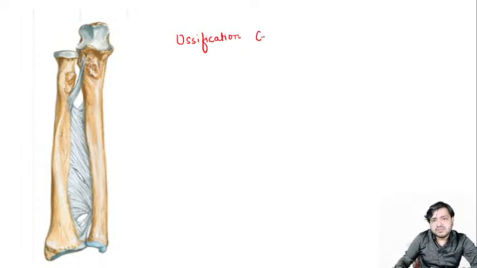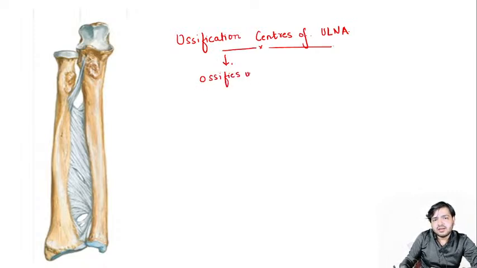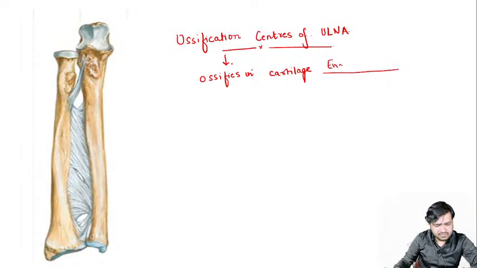So ossification centers of ulna, I hope you all are preparing the notebook and writing the notes. Ossification centers of the ulna, remember that it ossifies in cartilage, and you already know that it is the endochondral ossification.